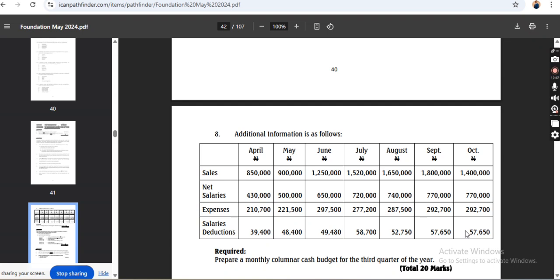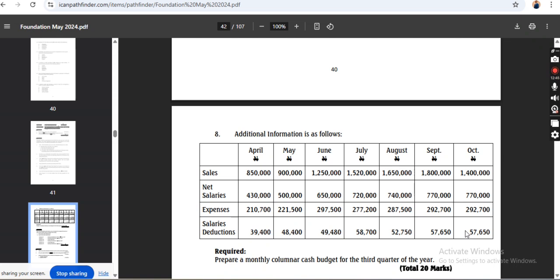Can you see it? The sales, the net salary, expenses, salaries deductions. So what does salaries deduction mean? Let's start the interpretation here. Sales, net salaries. What does that mean? Net salaries and salaries deduction.